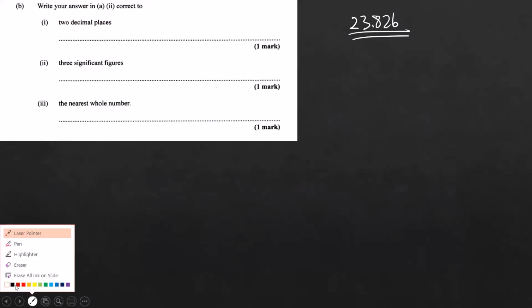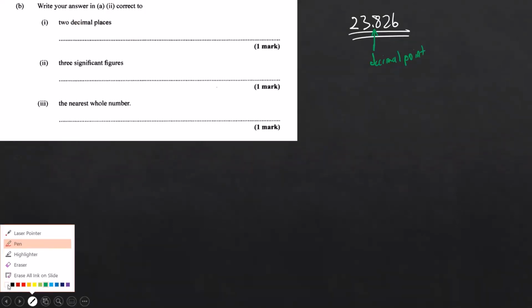What that means is that behind the decimal point, I think I need to say this, this is the decimal point. Right, good. So 2 places behind the decimal point is where we stop, right? So this is one place behind, or 1 DP, 1 decimal place, and this is 2 decimal places, right? So 2 numbers behind the decimal point, 2 places.